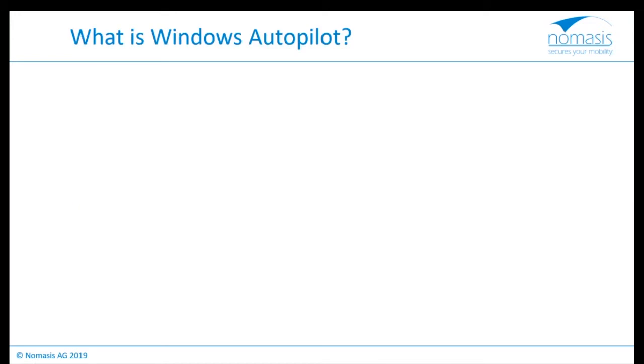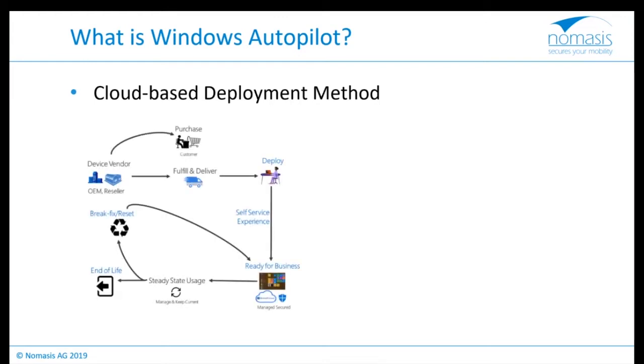First of all, what is Windows Autopilot? So Windows Autopilot is a cloud-based deployment method. Some of you might know Apple Device Enrollment or Android Zero Touch already. So Windows Autopilot is basically Microsoft's solution to provide a seamless and easy deployment for Microsoft devices. So you can order a device from a device vendor.